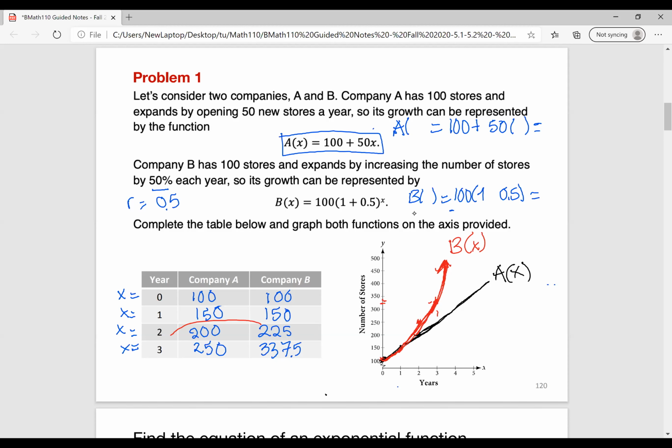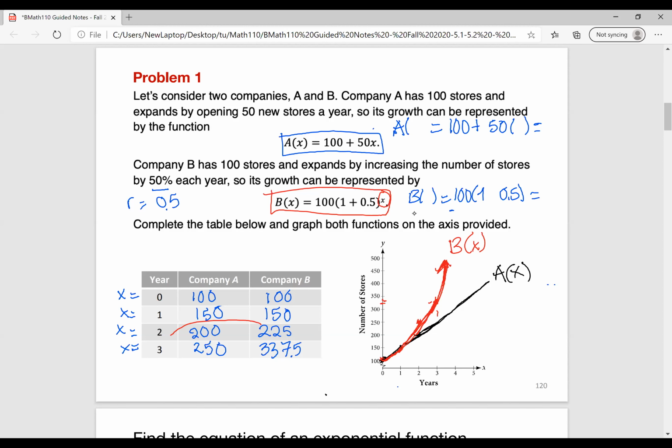And if you take a look at the function b of x and a of x, you can see that the variable for the function b of x is in the exponent of the function, right?